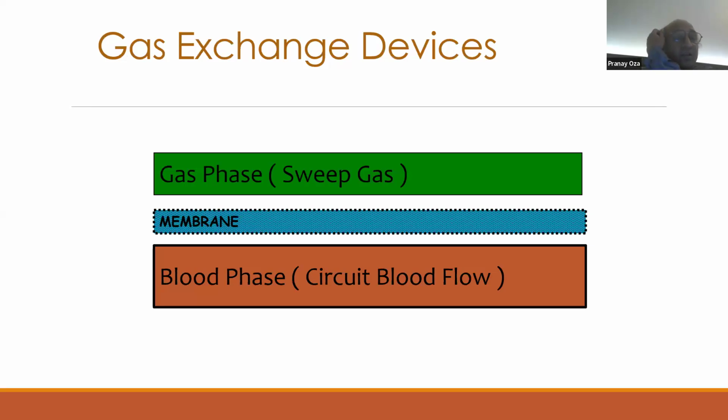So this is the membrane lung, which has two phases: one is the blood phase and the second is the gas phase. Both are separated by a membrane, which we call a PMP membrane.